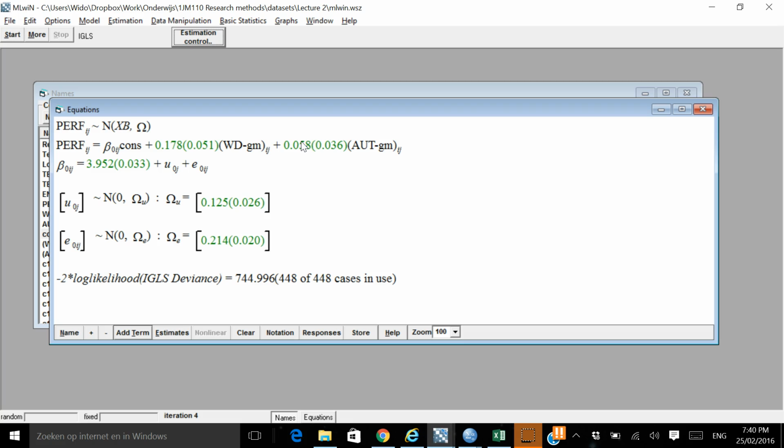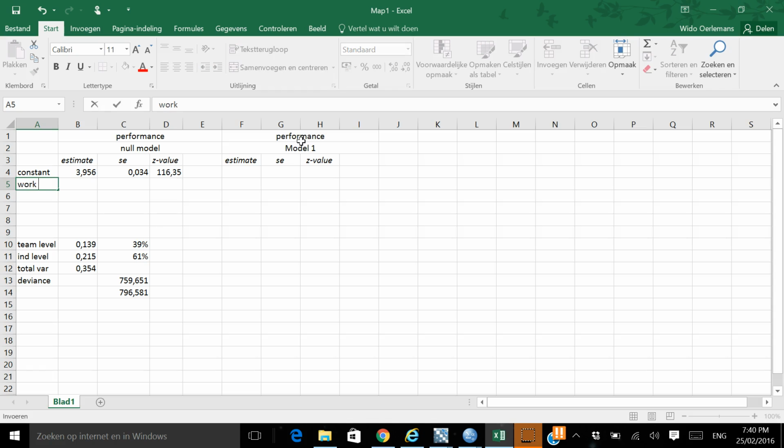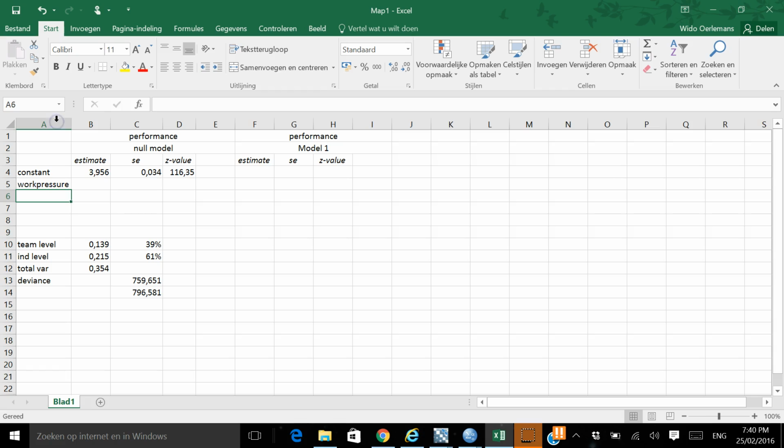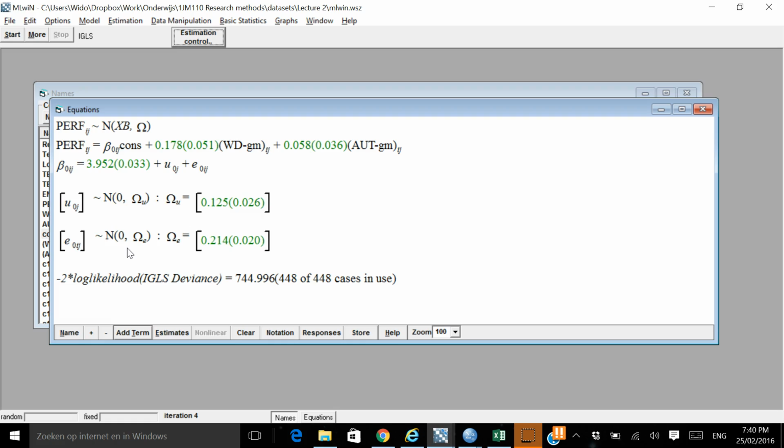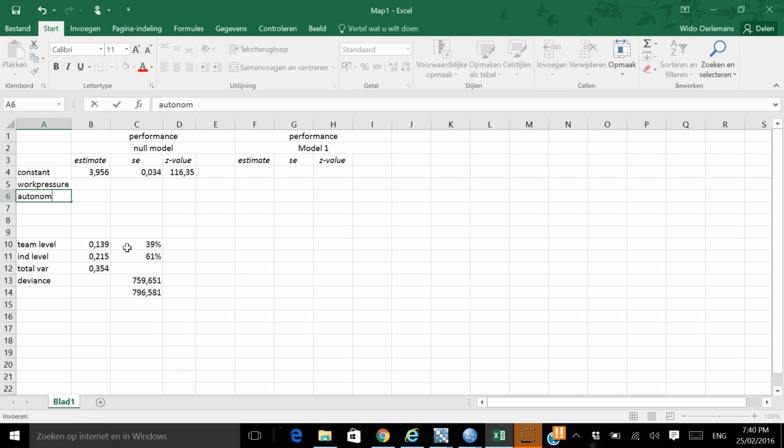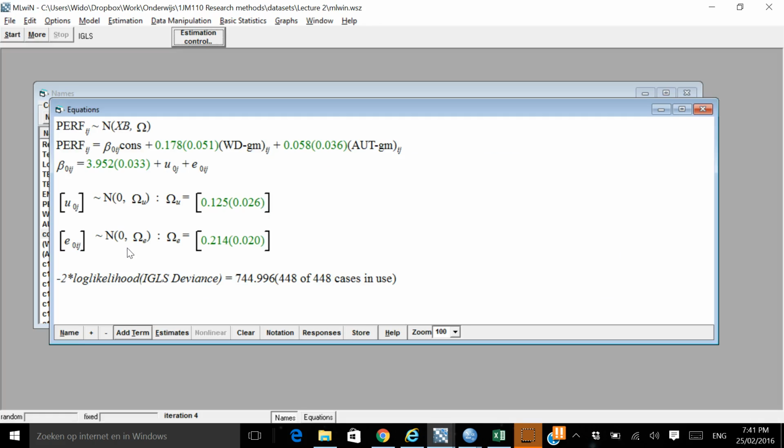We will come to that. So work pressure, I will call it: the higher the score, the higher the workload or the work pressure employees feel. Autonomy also: the higher the autonomy, the more freedom employees have to perform their duties the way they want to perform them. And we also have a constant.